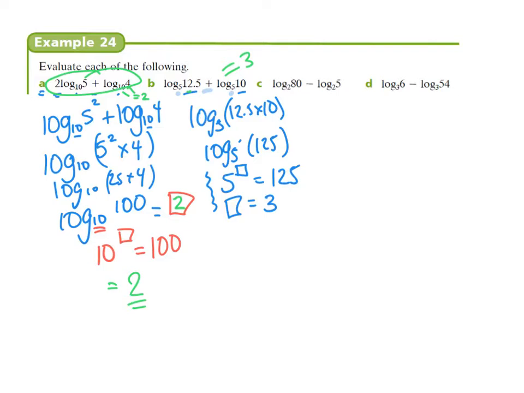Okay, let's do C together. We have log 2, and because this one's a subtraction, the bases are the same, we can divide out the numbers. So log 2, 80 divided is 16. And you could leave it there, but remember you're evaluating and not simplifying.